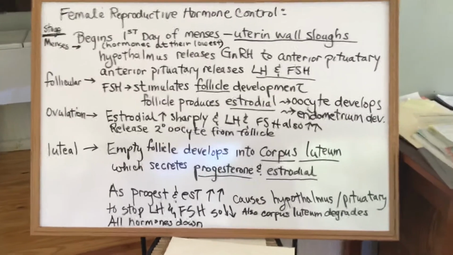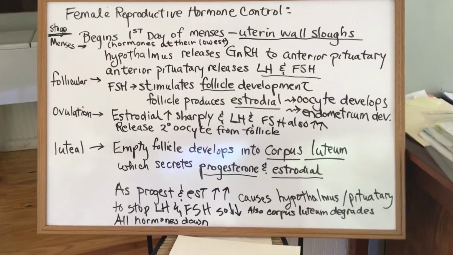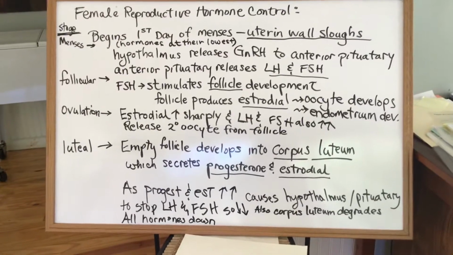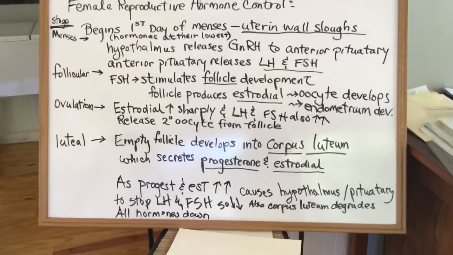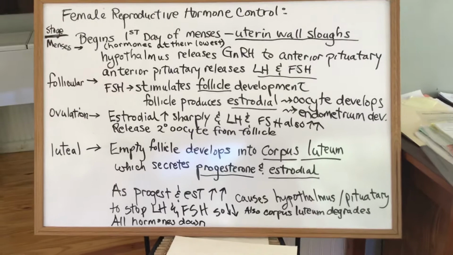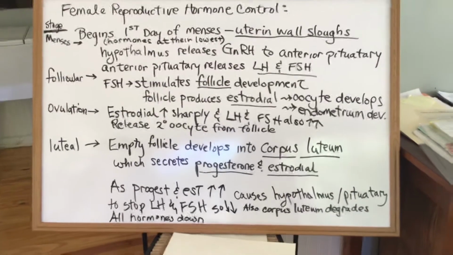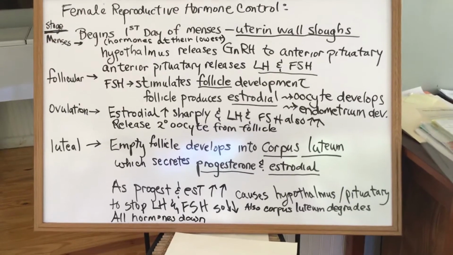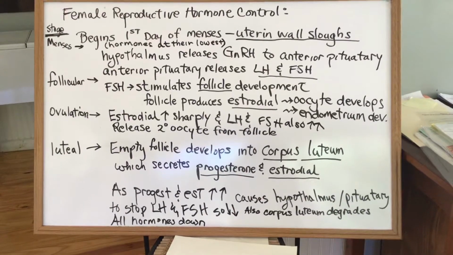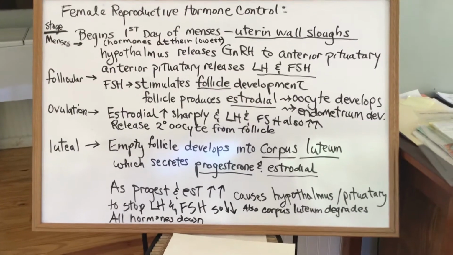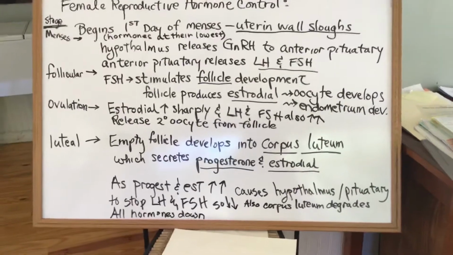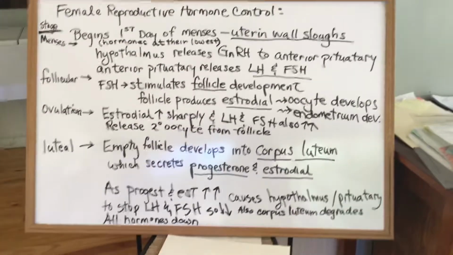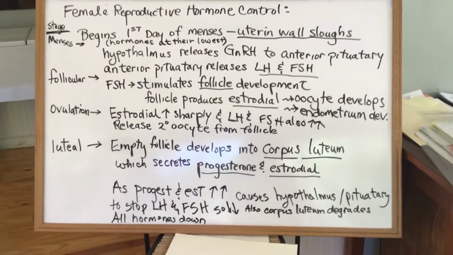So it's starting to develop, and that's stimulating that cell. Also, it's going to start producing estradiol. Estradiol will then cause the oocyte to develop, the primary oocyte and then the secondary oocyte. And that's the one that's going to become the ovum that travels down the oviduct.